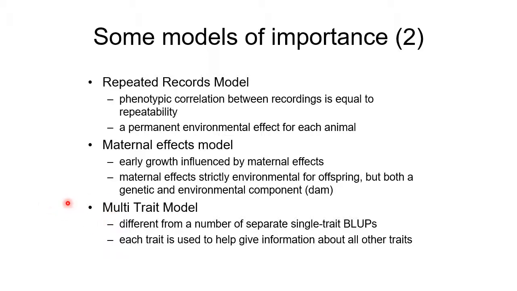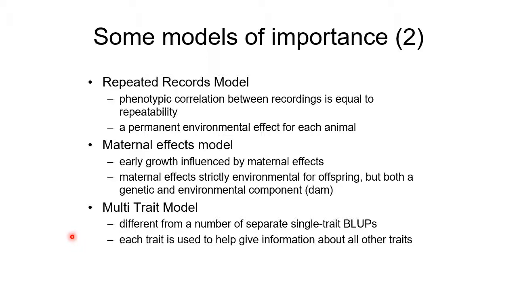In terms of the development of BLUP models, the multi-trait model was a big step forward. We could use separate single trait BLUP runs, but that will give a false impression in terms of the breeding values for the different traits. But if we include them all in the same big BLUP evaluation, where we also include the covariances or genetic correlations amongst those traits, it also assists us in an accuracy increase in the prediction of our breeding values.